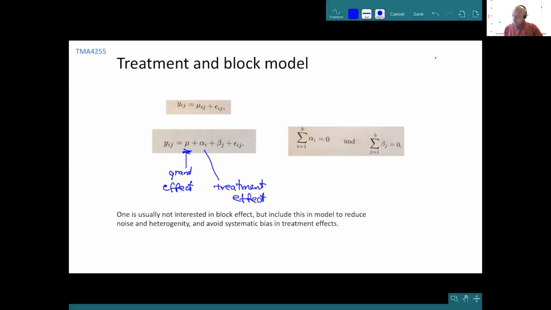And then there's something with the blocks that gives a block effect. Maybe this was Saturday or Sunday, or the high hills or the low hills, or the weekend or the weekday, or night and day. This is the block effect. We're not really interested in this block effect, but we like to include it because then we can get better estimates of the treatment effects.